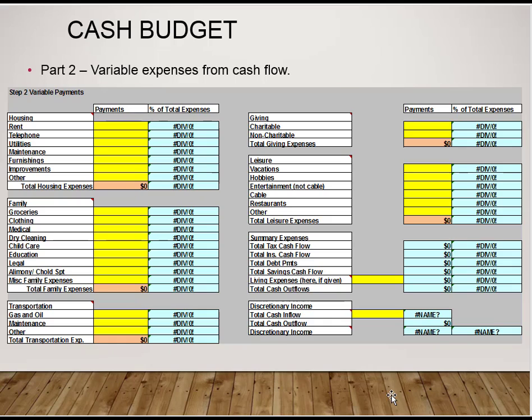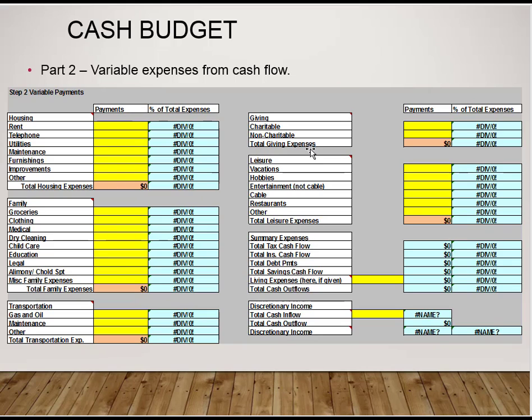The second part of this then is the variable expense component. Again, this can be done on an annual or a monthly basis. Let's just assume these are monthly expenses. So what categories do we have? Housing, family, transportation, giving, leisure, right?